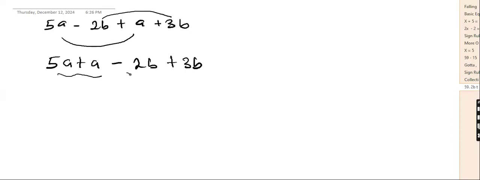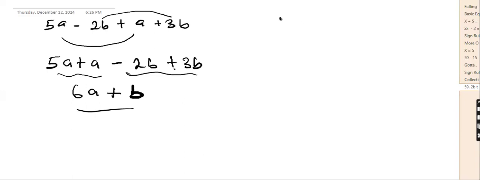So 5a plus a, which means 5a plus 1a gives us 6a. The signs are the same. In this case, the signs are different. What do we do? We subtract. We're going to get 3 minus 2, which is 1, and that is 1b, or better still, write b. Now, what is the largest sign? The largest sign is this, so that's going to give us a plus. Now, if you've forgotten the sign rule, or you're just watching this for the first time, I would advise you to go back to the previous video to see how to deal with sign rules.